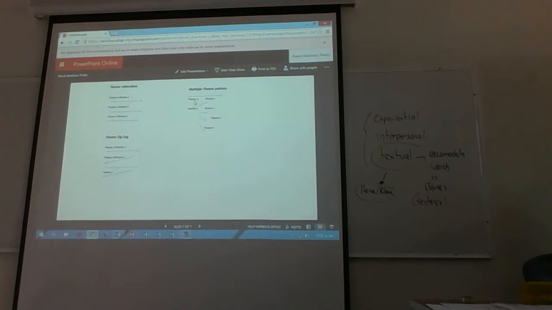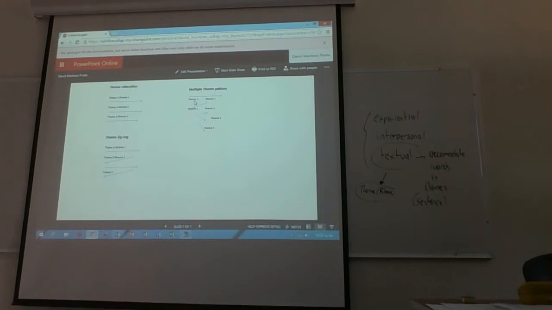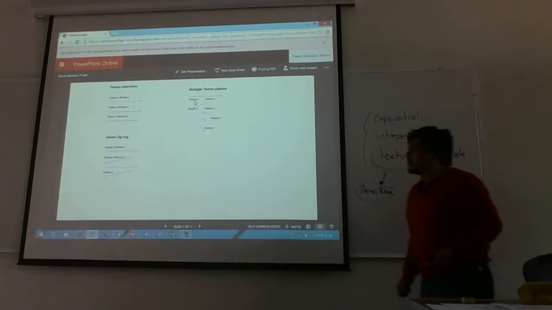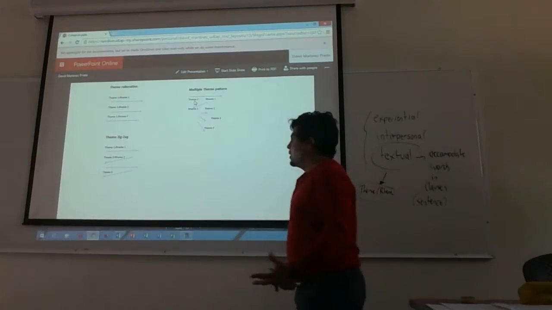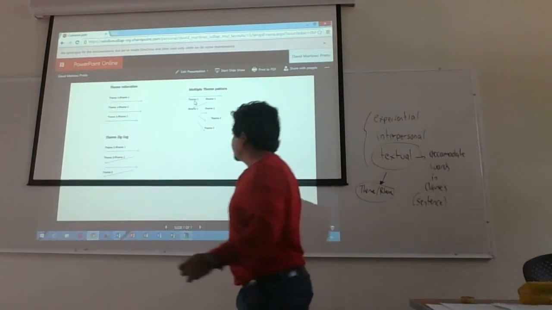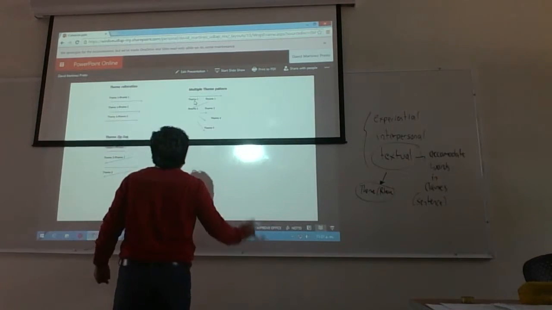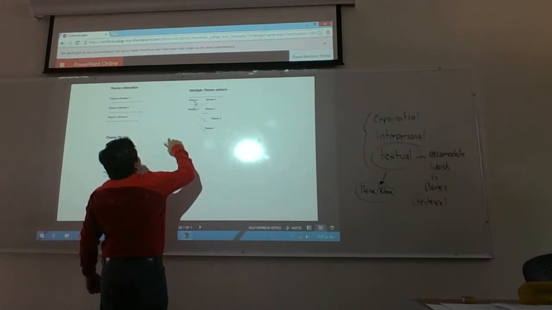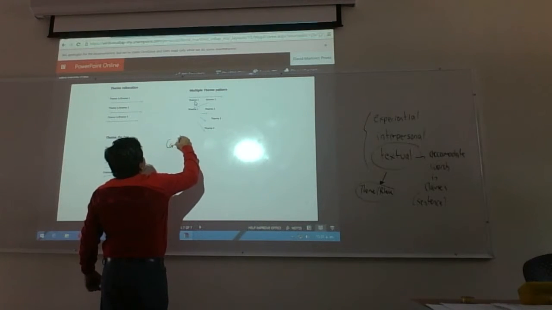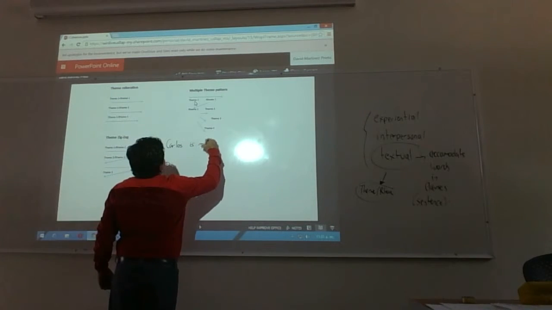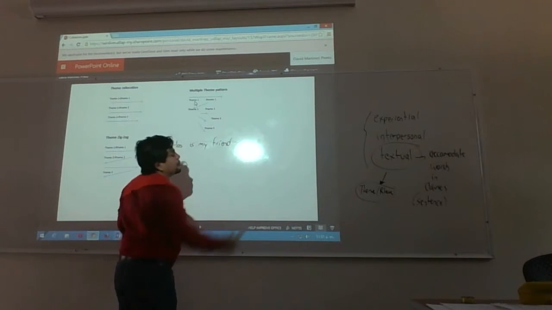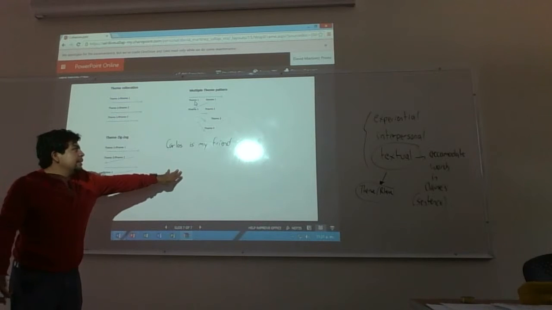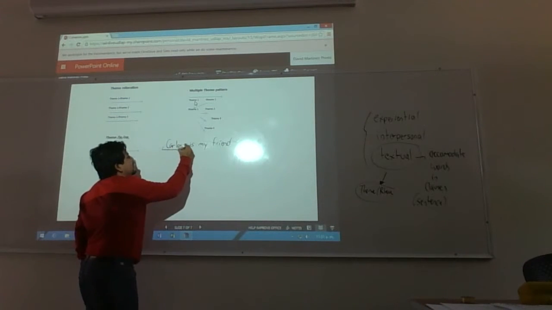Before I explain these patterns, I want to show you something, to see if this theme and rheme pattern is clear. For instance, in the sentence "Carlos is my friend," can we define the theme here? Yeah, Carlos.